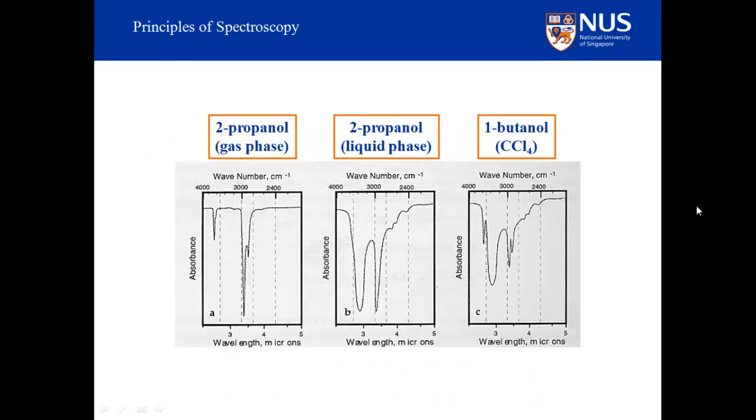Let's have a look at a different example here. Here is where we've got 2 propanol in the gas phase and 2 propanol in the liquid phase. In the gas phase, of course, the vibrational bands are not broad. They are really quite well defined. However, you can see that they are much broader in the liquid phase, but you can see the frequency has also changed. So here, in the gas phase, we have an OH stretch occurring at around 3600 wave numbers, and so it is quite a nice sharp peak.